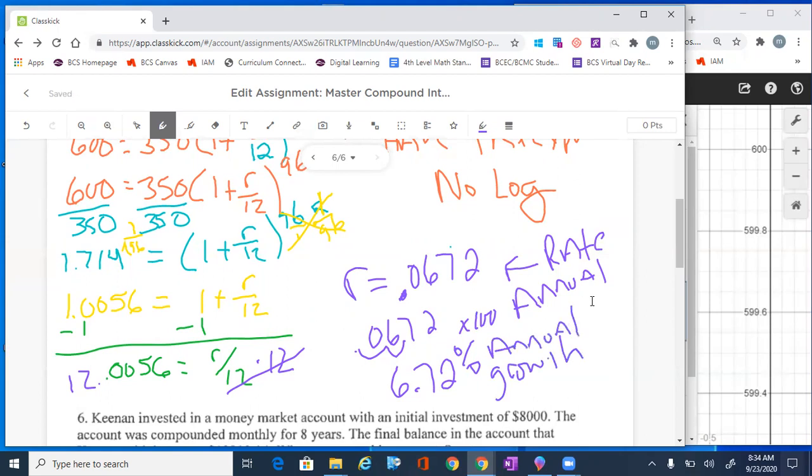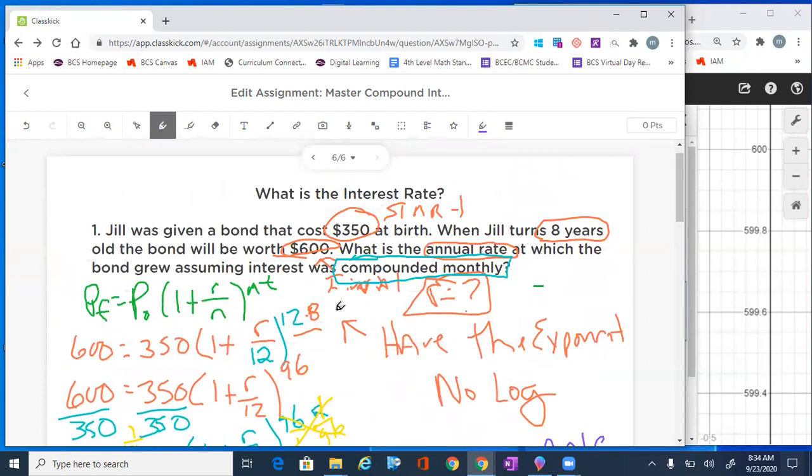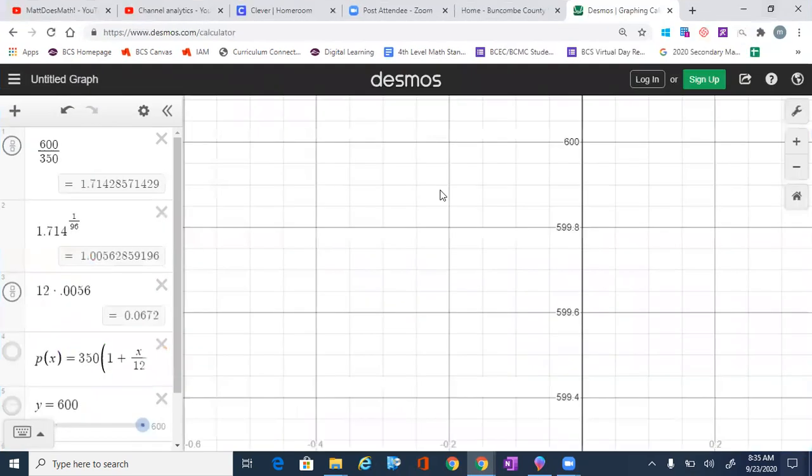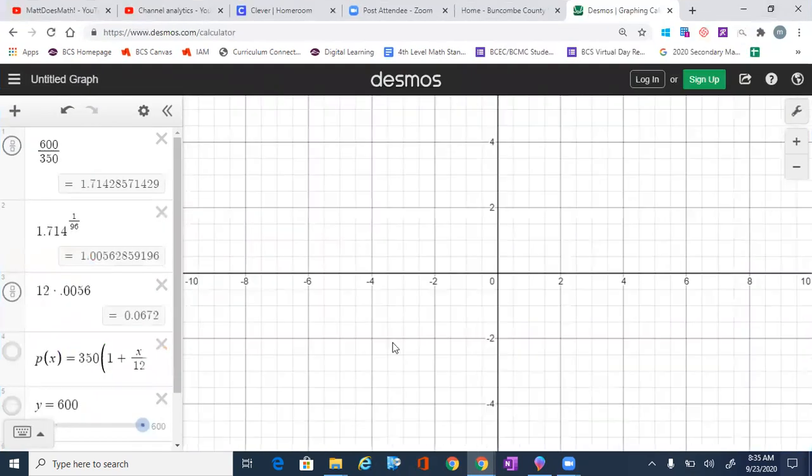Now, just to verify this, we're going to go into Desmos real quick, and I'm going to type in the original equation, which is 350 times 1 plus R over 12 to the 96, except I'm going to put an X in for R, and then I'm going to type in Y equals 600. As we look at this, you can already tell we can center down here. I've gone ahead and did that.